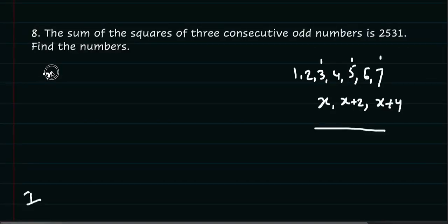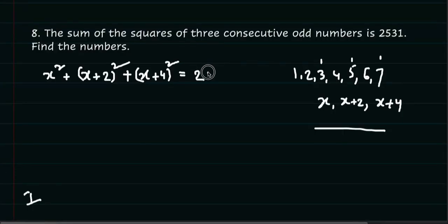Sum of squares: x square plus x plus 2 whole square plus x plus 4 whole square. All these added should give me 2531. Got it?